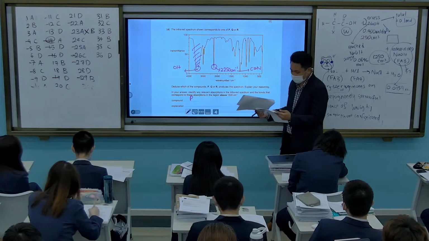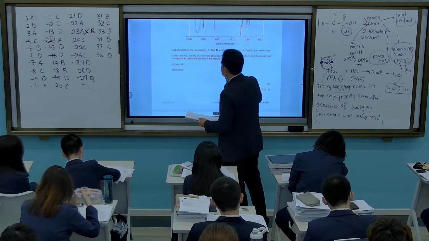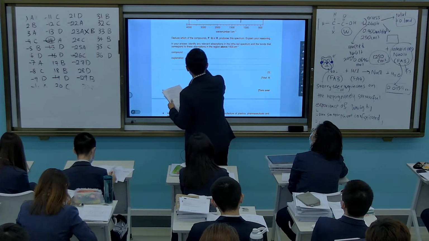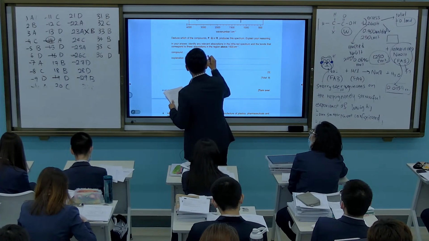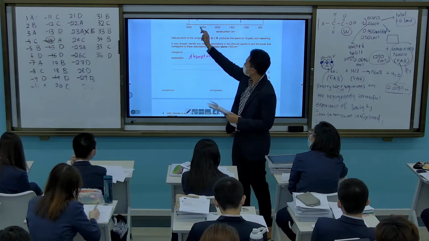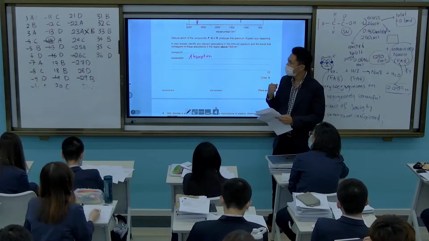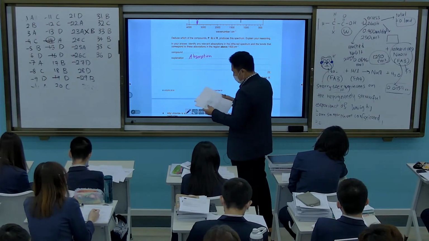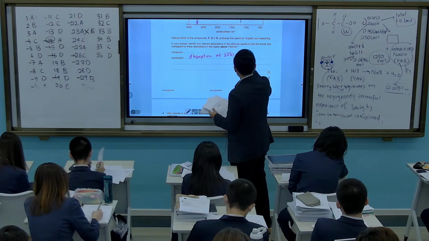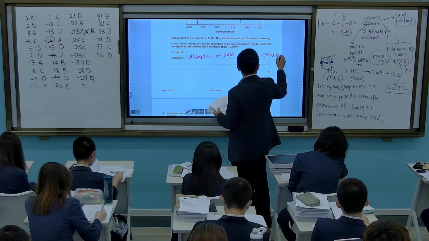So how do you explain? Please write this word here, absorption. Absorption means the value goes down because it is being absorbed. So absorb at which value? At 2250, which represents the C triple bond N bond.